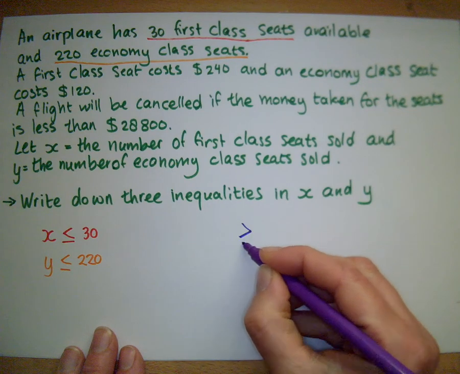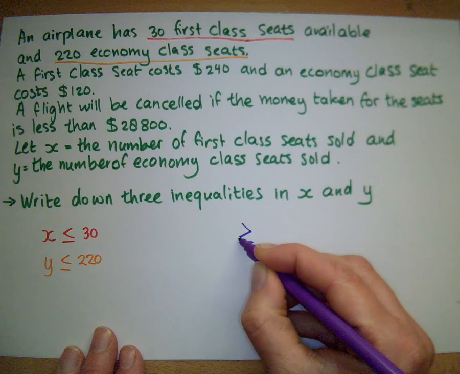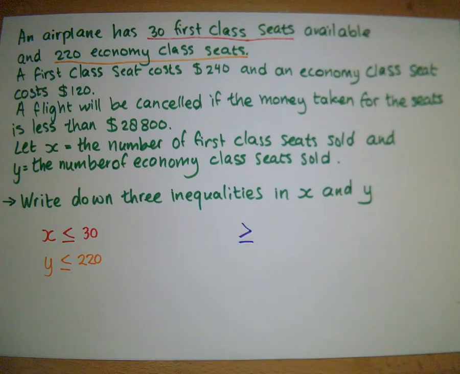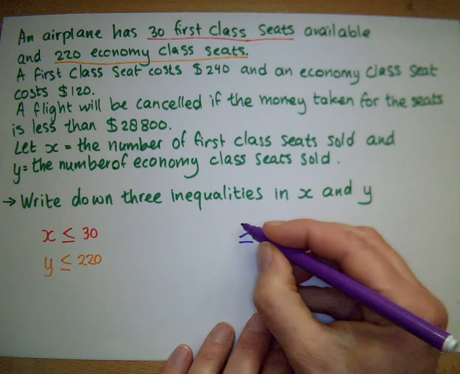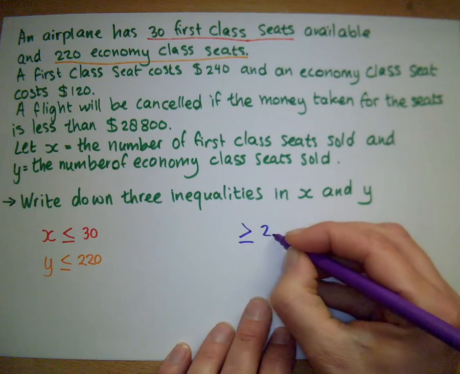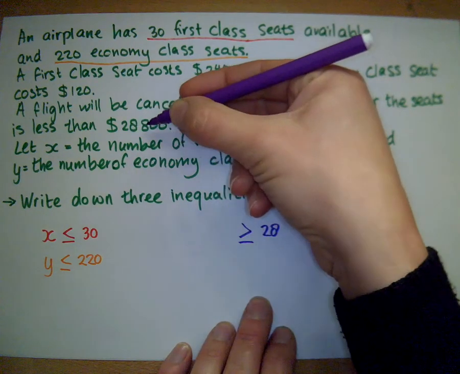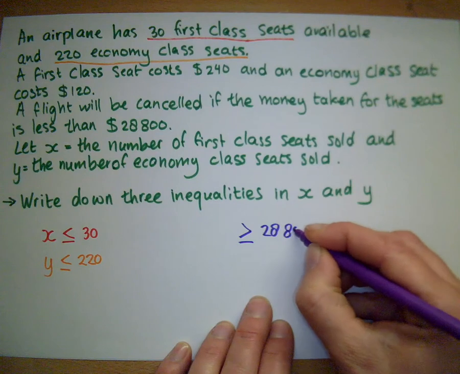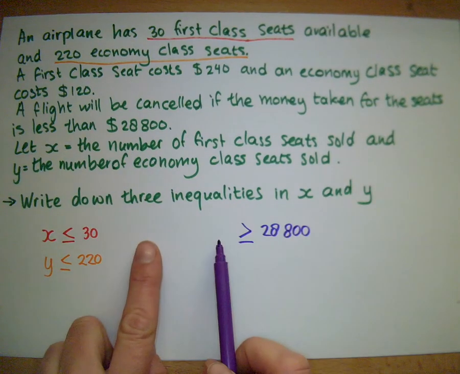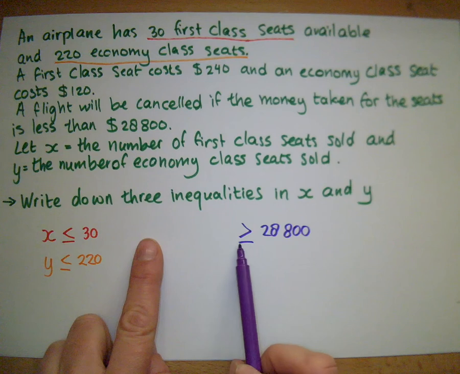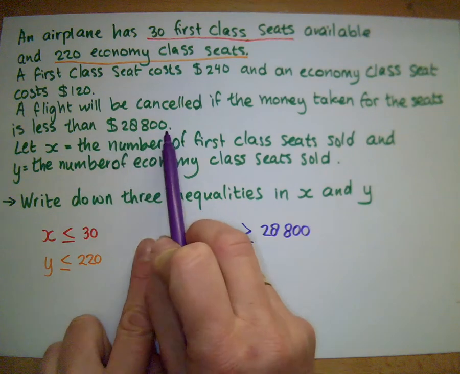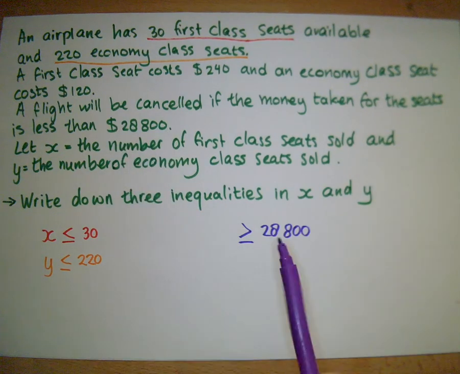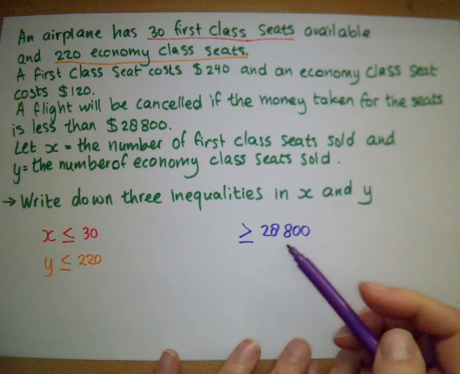And we're going to say that the total cost, or income for the airline, has to be greater than or equal to $28,800, right? We want the income coming in to be greater than or equal to this amount. Otherwise, the flight is not going to fly.